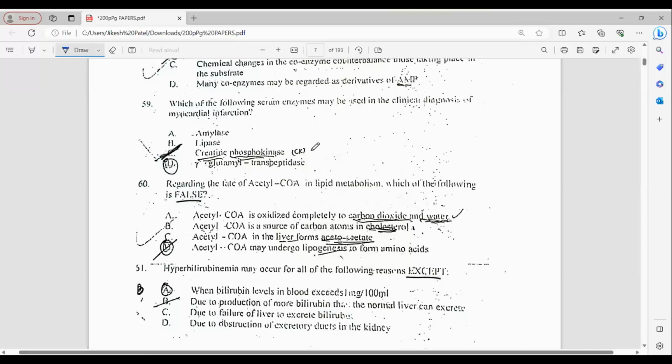Then amylase, we would expect to see amylase if it has to do with pancreatic issues, right? Then for lipase, I don't know in what case lipase would be elevated. Maybe if someone was losing some fat. Seraphine, lipase.